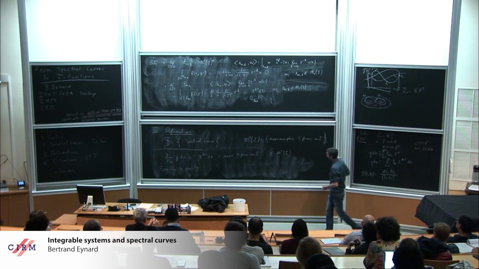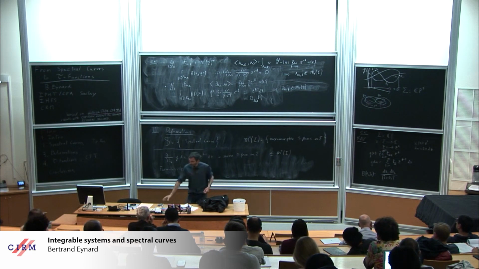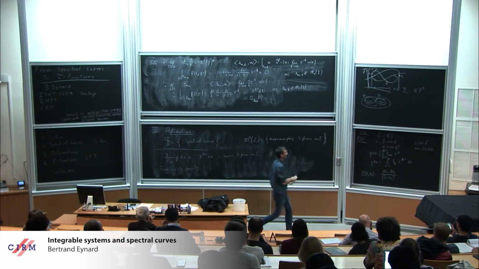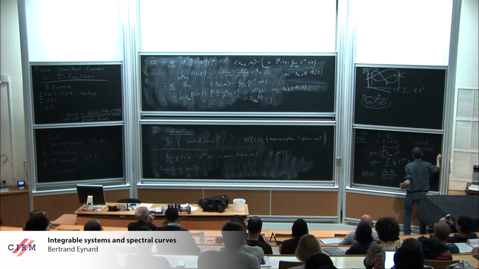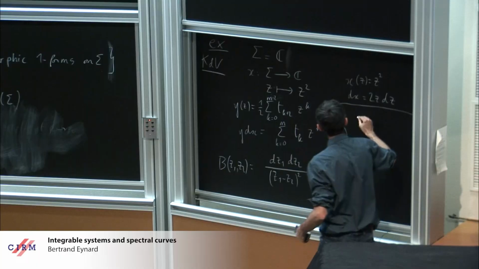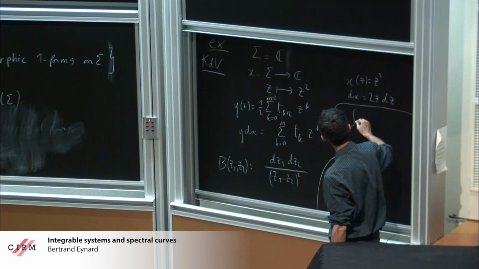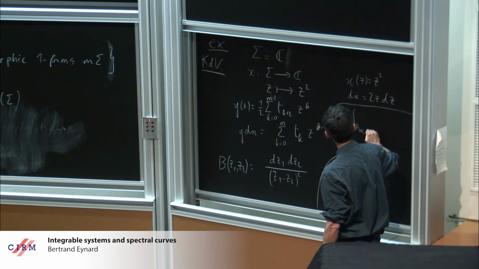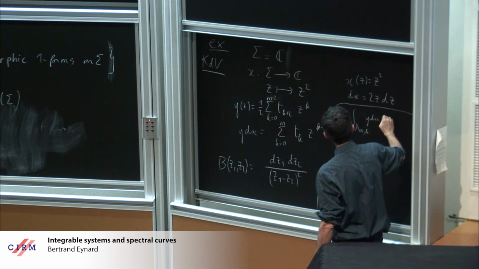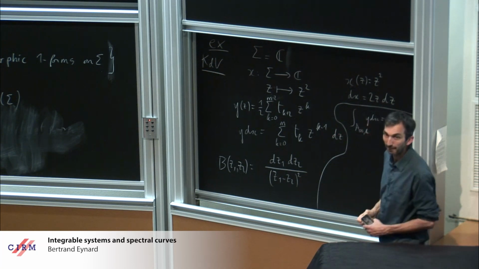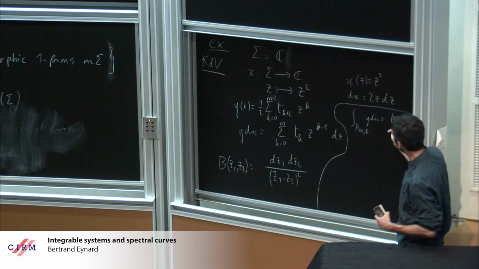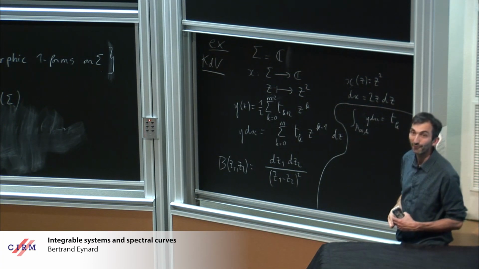And just to record something about what we have for this KdV example, let me remark that if you compute the integral over A infinity k of y dx, you get tk. So the tk's are the A-cycle integrals.